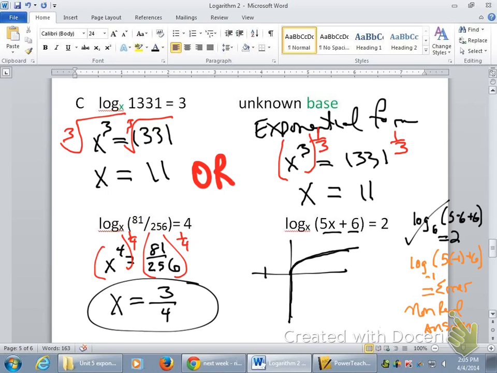Okay? So it would be right here. It would be shifted over, and it would go down at 5/6. Okay? Which means, what's the domain? X has got to be greater than 5/6. What number am I trying to plug in?